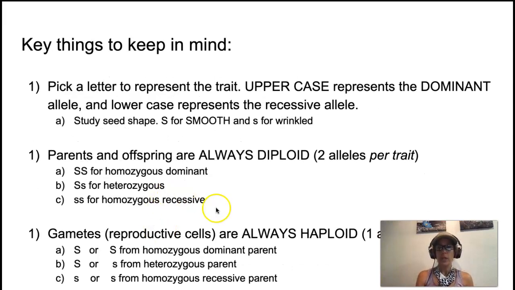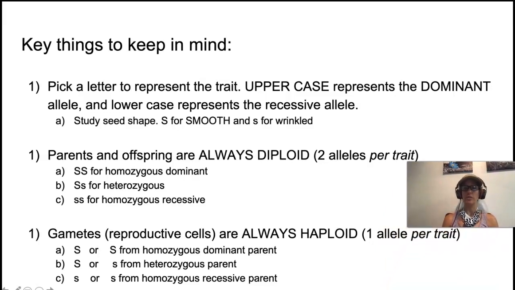When we're doing genetics problems, there could be lots of ways to do it, but the formalized, uniform way, so that your instructor understands that you understand what you're doing, is to pick a letter to represent the characteristic, the trait. And we use uppercase letters to represent the dominant allele and lowercase letters to represent the recessive.